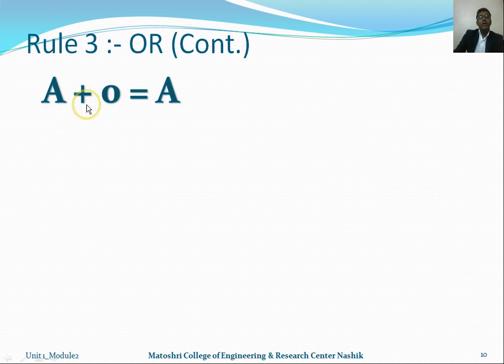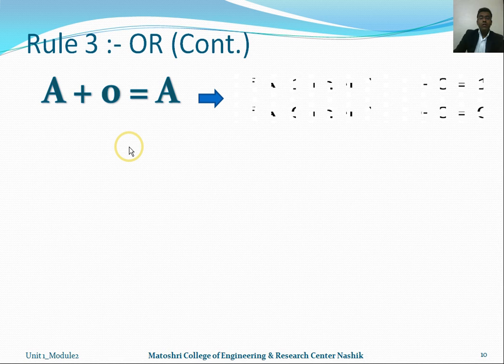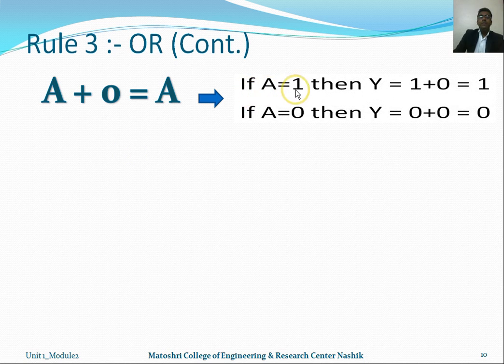A ORing with 0, we always get the output equal to A. How? If A is 1, put the value of A as 1.